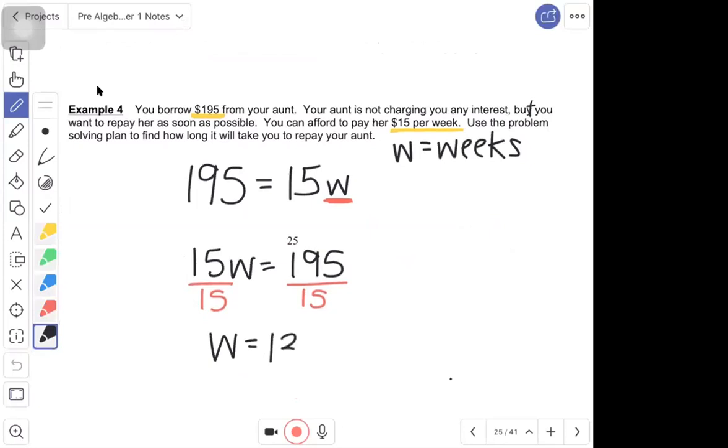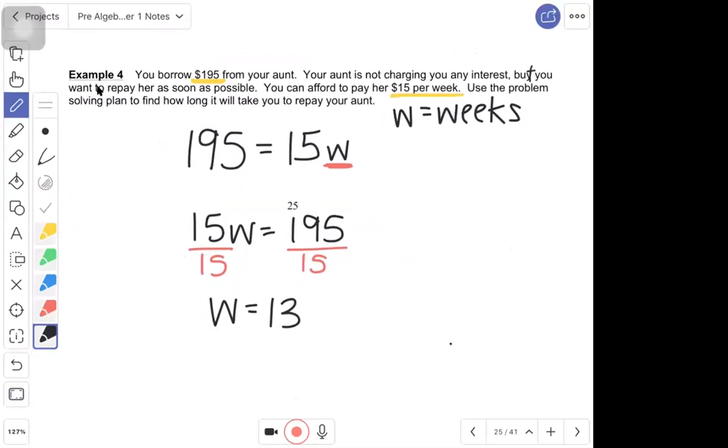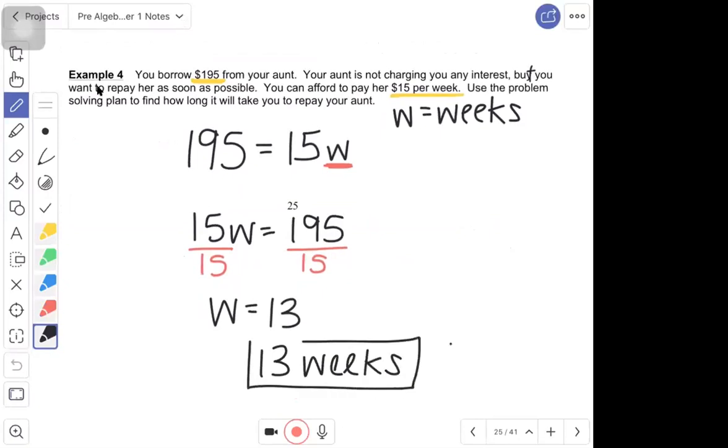Nice. And we can't just write 13. What does our 13 mean? Yeah, 13 weeks. So it will take us 13 weeks to reach $195 with giving her $15 every week. Questions on that one?